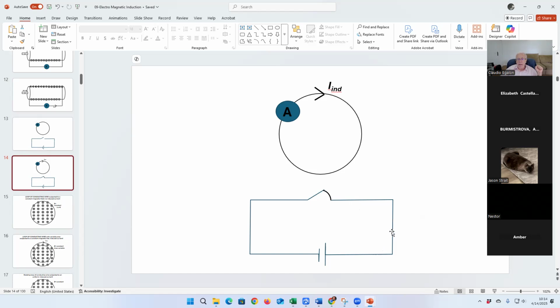The current in this circuit has a magnetic field that's going to build up from 0 to a given value. And during this very small amount of time, there will be a current flowing in this circuit here. That's a second way of inducing a current in another circuit. Okay. A third way. Okay, there's a third way too.